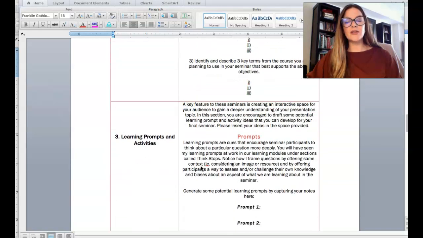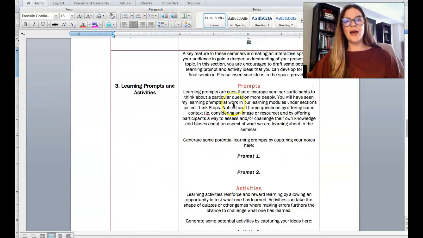The next section that I'm wanting you to draft is your learning prompts and activities. And really what a prompt is, is just a moment to get your participants to start thinking, maybe even challenging their own assumptions about what they know about a topic area.